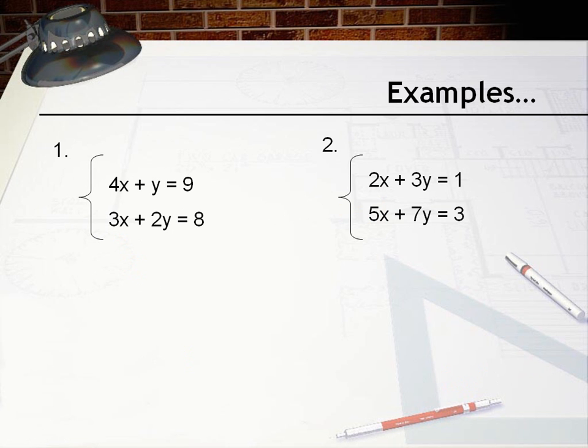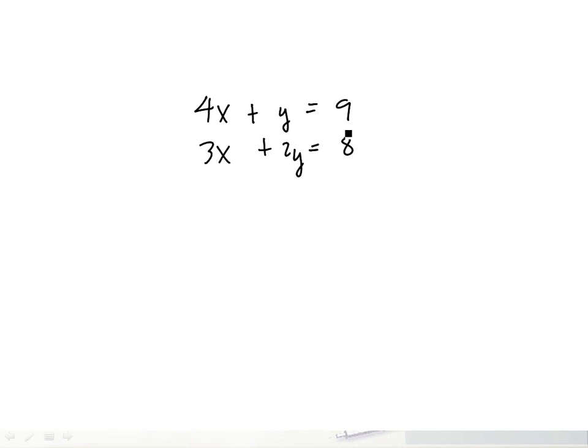Alright, so let's try one of these examples. Alright, what can we do to eliminate the x's? Now, if we wanted to eliminate the x's, what we'll do is multiply this first equation by 3 to get 12, and then multiply the second equation by a negative 4, because we want one to be positive, one to be negative, to cancel out.